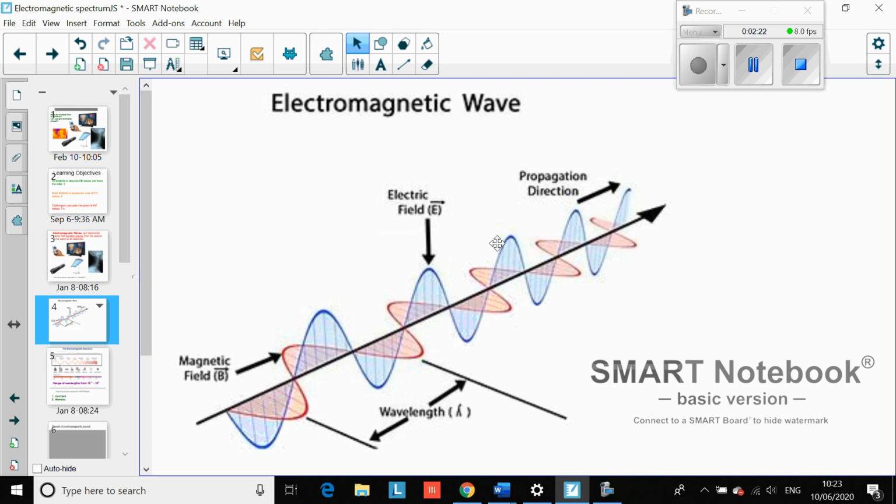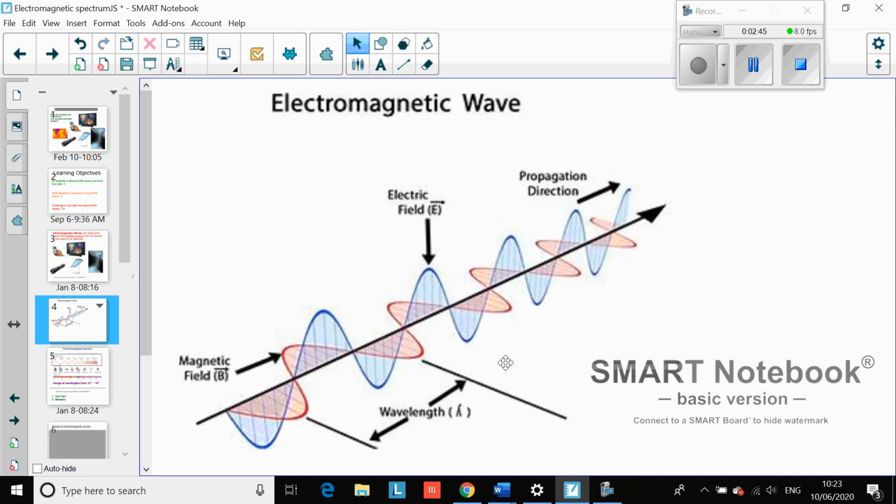The arrow shows the direction that the wave is moving. The electric field oscillates up and down like that. The magnetic field oscillates from side to side, like that. So this is an example of an electromagnetic wave.